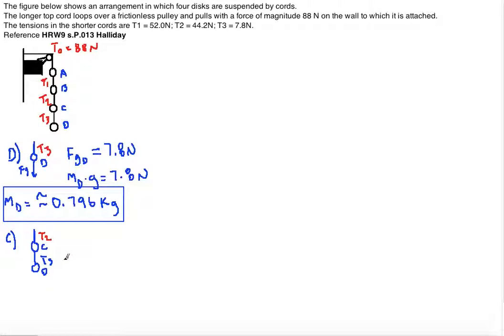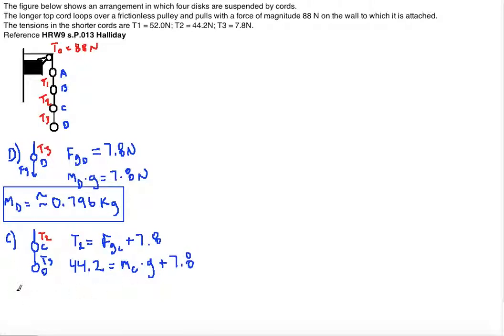So this time our force equation is going to be that T2 is equal to Fg of C plus 7.8. Decomposing this, we get 44.2 is equal to the mass of C times gravity plus 7.8.